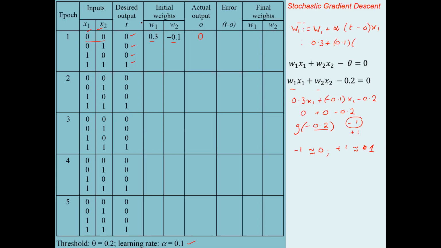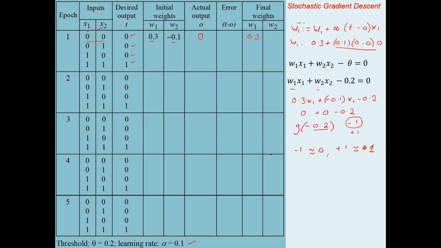Target is 0 and our output is also 0, so the error is 0. And x1 is also 0. So this whole term becomes 0, and I'm only left with 0.3. The new value of W1 is 0.3, which means there is no change in W1. This term became 0 for whatever reason, so it is possible that weights are not changed.